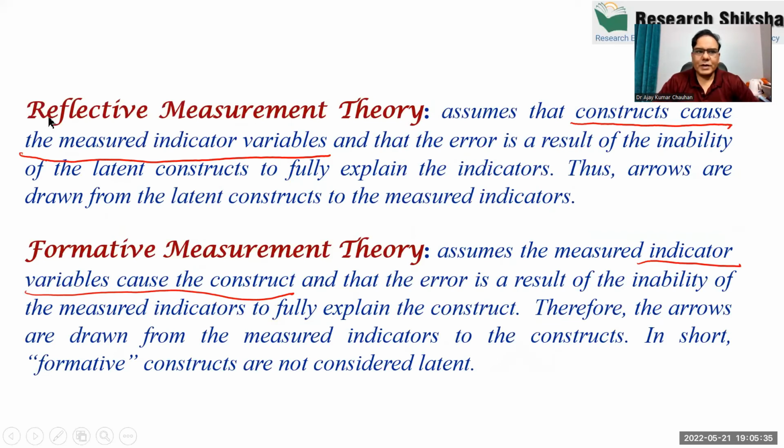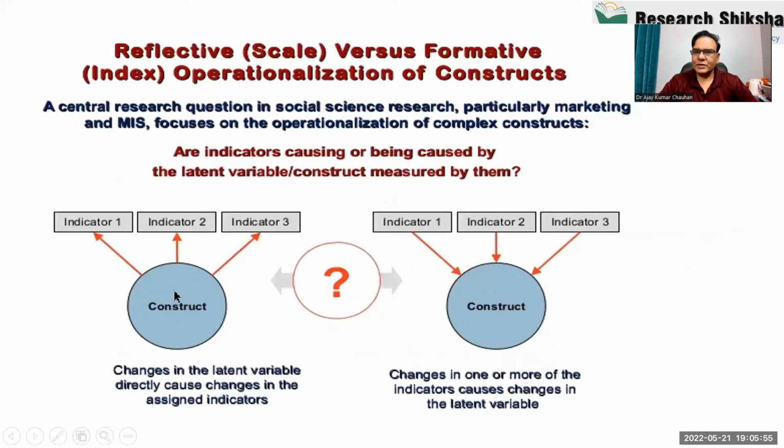So in reflective measurement theory, the construct causes the measured indicator items. In a formative, the indicator items cause the construct. This is the thing which I already explained. So just see this slide also. Which construct is this, reflective or formative?